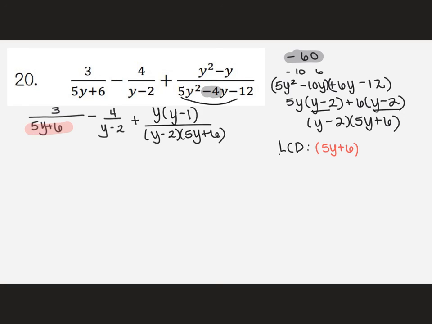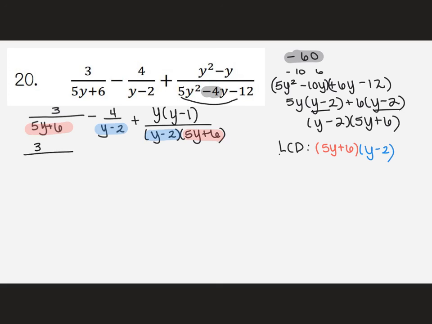Looking at the second denominator, I don't see 5y plus 6, but I do see it in the third, so I don't need to include that again. In the second denominator, I still have y minus 2 remaining, so I need to include that in my LCD as well. Again, looking at the third denominator, there's a y minus 2 present, but I've already written it down, so I don't need to include it again. So my LCD is 5y plus 6, y minus 2.